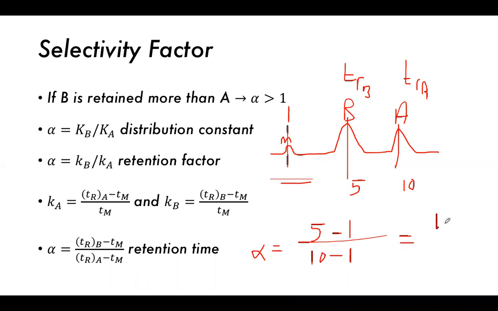So that would be 4 over 9, which I didn't choose my math very well, but basically this would be the selectivity coefficient. And so that would indicate that A is retained more than B, because remember, we said up here, if B is retained more than A, then alpha is going to be greater than 1.